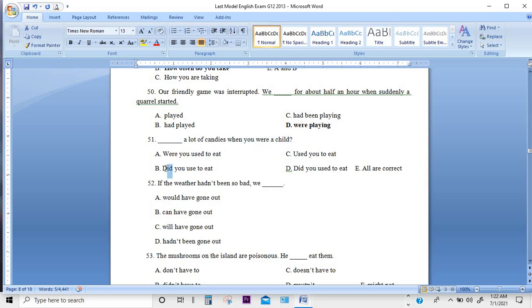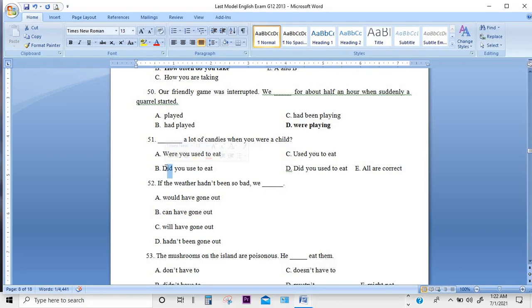Here, choice B uses the modal verb use, which is simple present. How about choice D? Did is okay, correct, but used repeats the past. That's not the correct structure. If you use did, you have to use simple present form here because did shows that the action is past. So did you use to eat a lot of candies when you were a child?